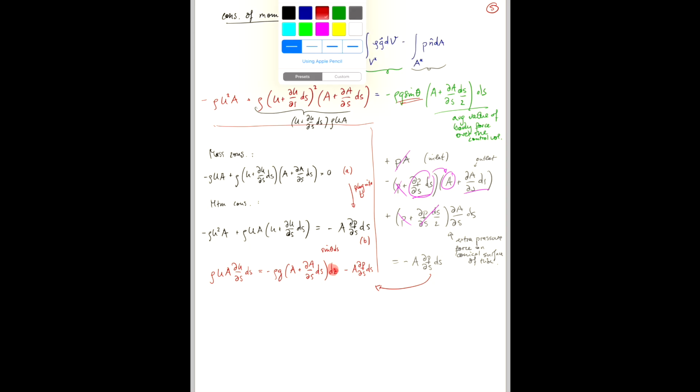Now let's divide by rho A. So I've skipped a couple of steps here, right? There's some simplification that you should make sure you can follow.